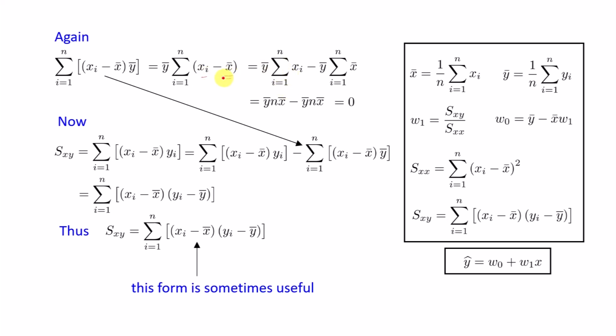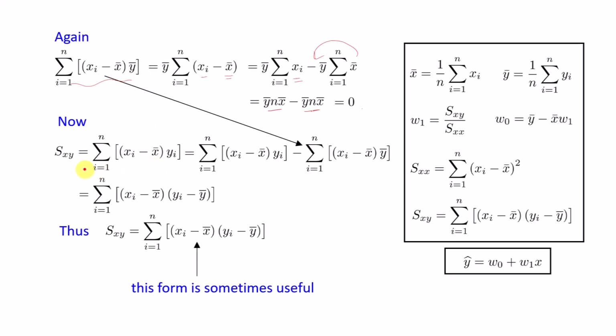Now summation of xi minus x bar will be 0, because summation of xi I am breaking here, and y bar minus summation of x bar. So summation of xi will come from here, n x bar. This is also n x bar, because x bar can go outside of this summation. So this is 0. So this particular term is 0.